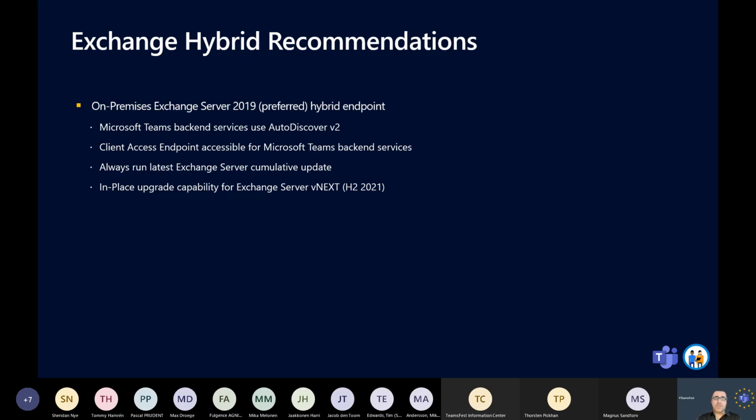The client access endpoints must be accessible for the Microsoft backend services. So even though we call it client access endpoint, it's not that the Teams client is going to access your on-prem mailbox. It is the backend services that access your on-prem mailbox for you, because the clients connect to the backend services.